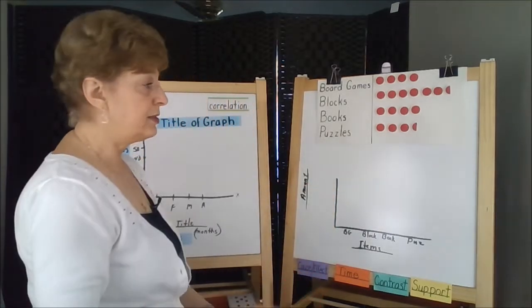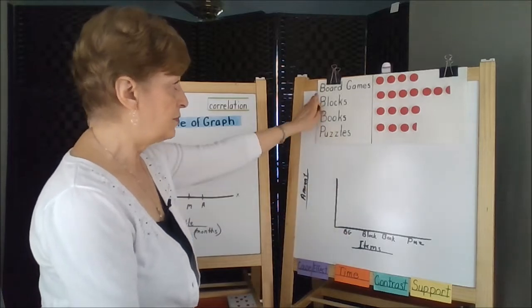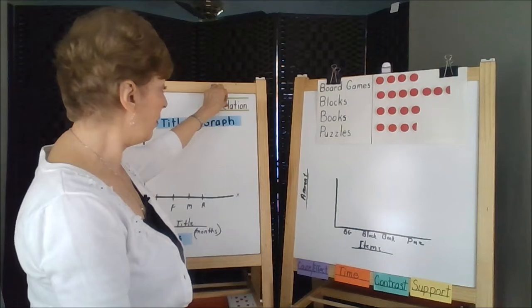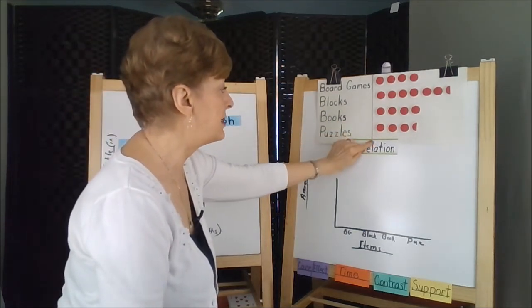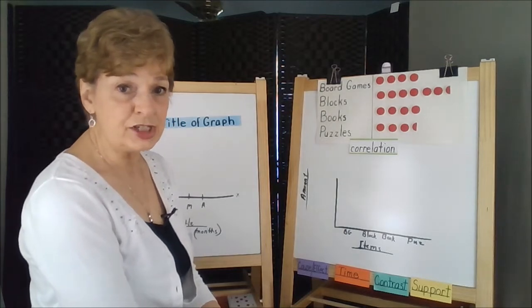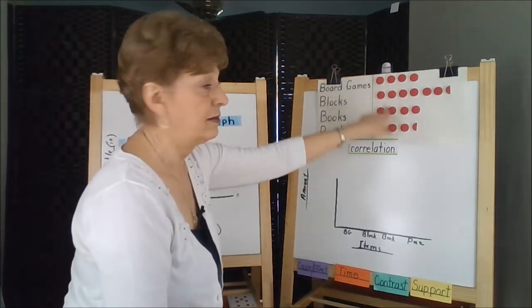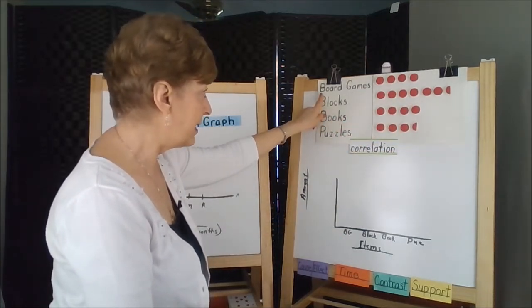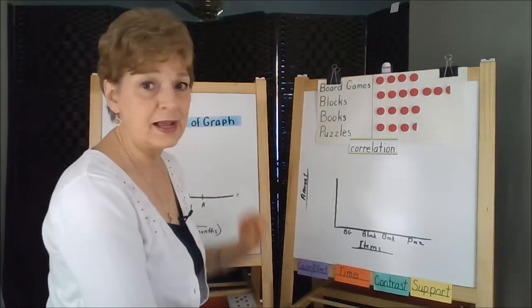So what we're really doing now is we've labeled our graph to correspond to what we are talking about with the data and how those two items correlate. The relationship between the amount of the red dots and what that means in relationship to the items itself, the board games, blocks, books, and puzzles.